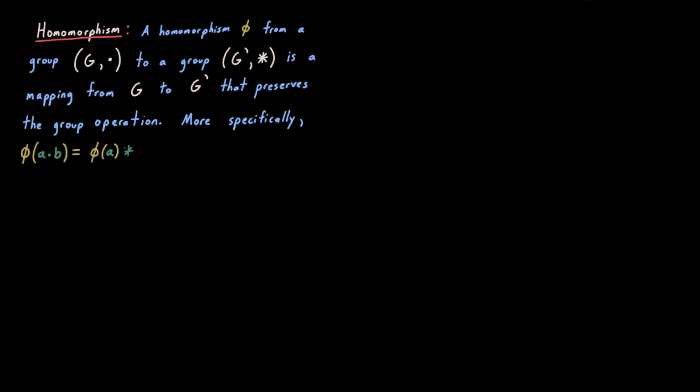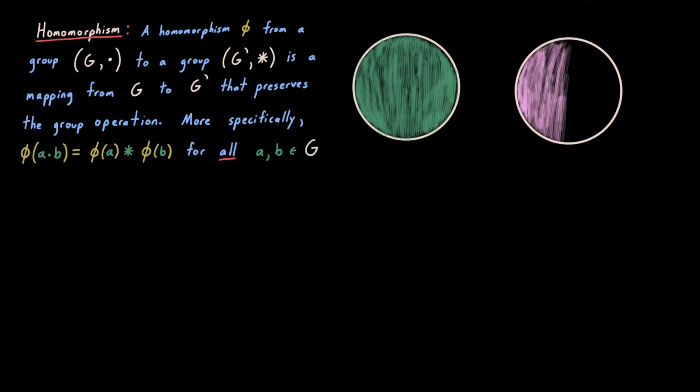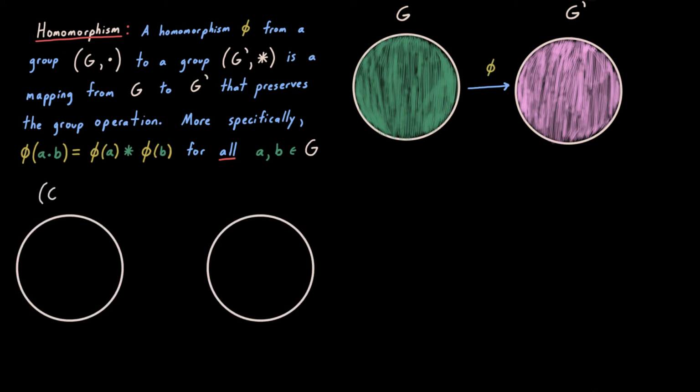Phi of A dot B needs to be equal to phi A starred with phi B for all elements A, B in G. And the standard way of indicating visually that a group homomorphism is taking place is simply to draw two dimensional regions, in this case for G and G prime, throw a little arrow in between, throw a little phi right above, and there we have an indication that group homomorphism is taking place.